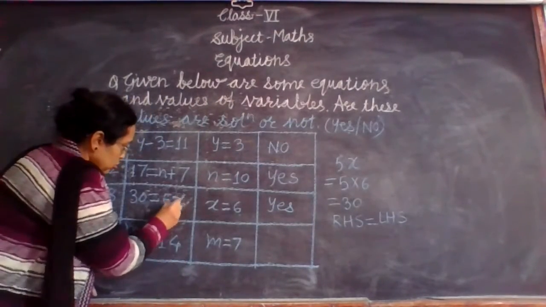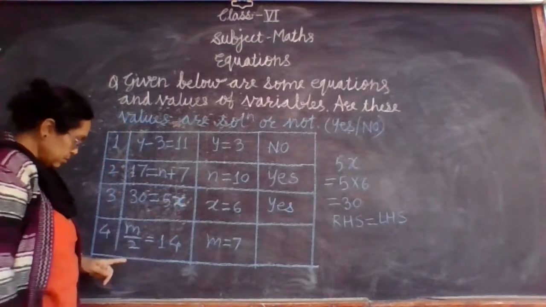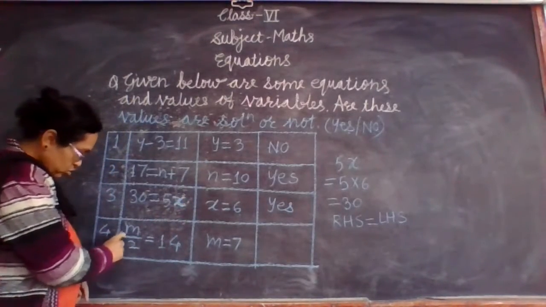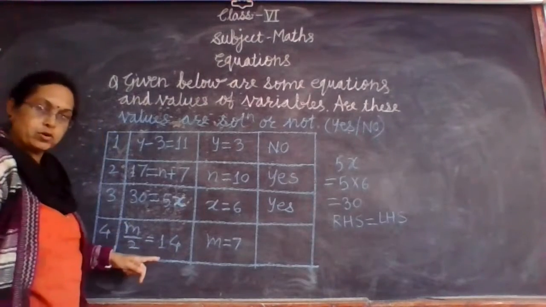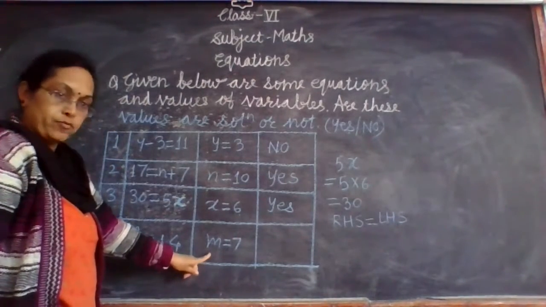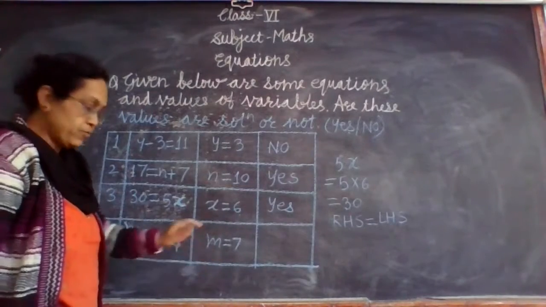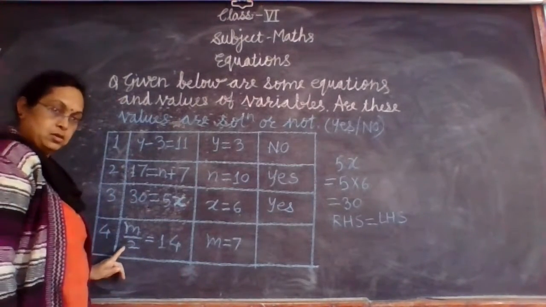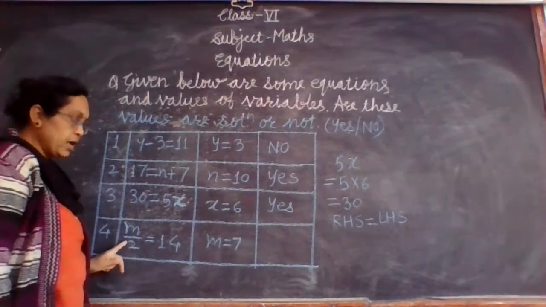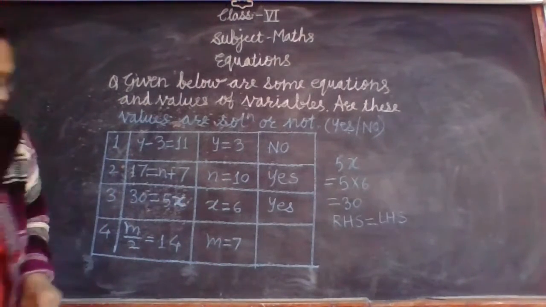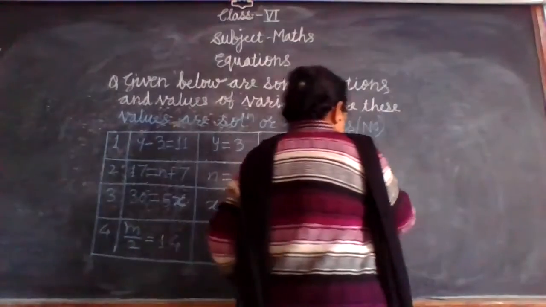Now the last one is m upon 2 equal to 14, and we have to check the value of the variable m as 7. Wherever m is there in the left hand side of the equation, we will put that value there.